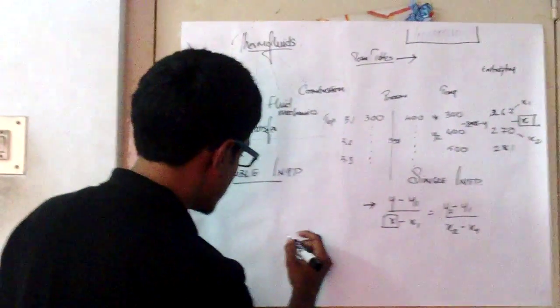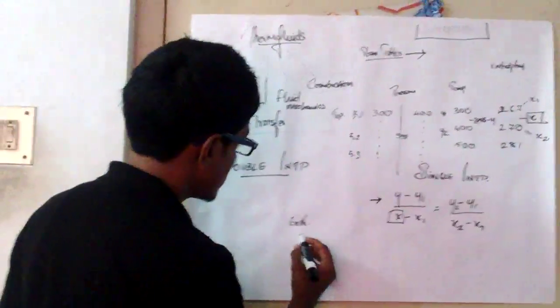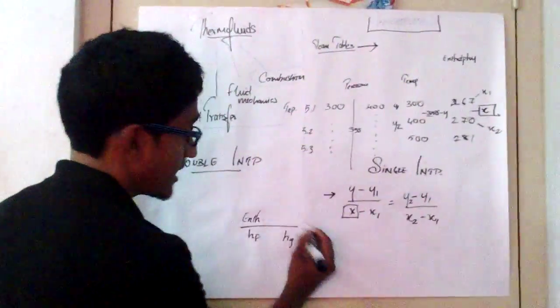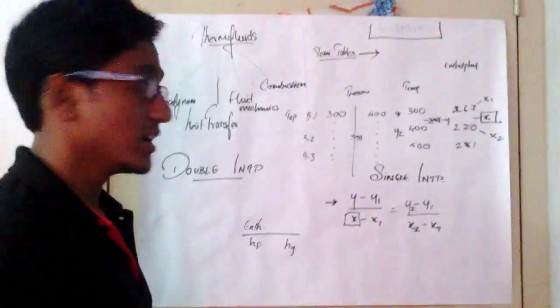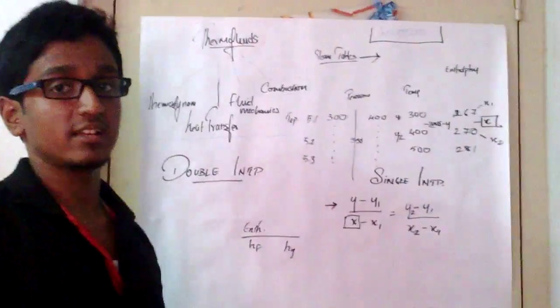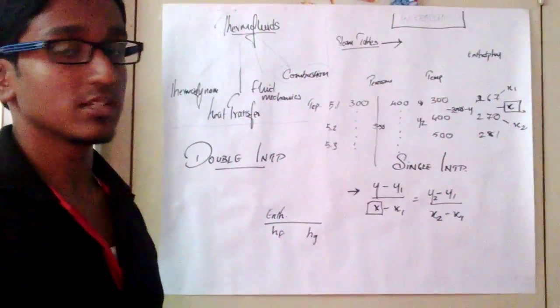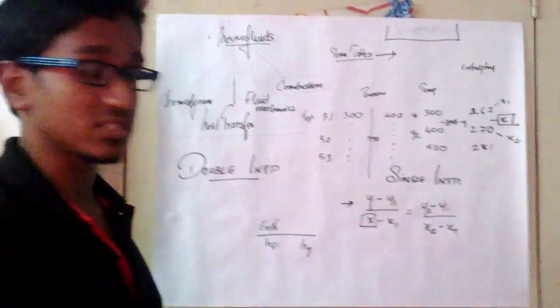Say you have two sets of enthalpy values, the values of Hf and Hg under enthalpy. I'm sure you're not familiar with these terms, but I'll make sure you get to know all of them in the steam tables, and I'll go through the steam tables once again. This one is just about the interpolation.